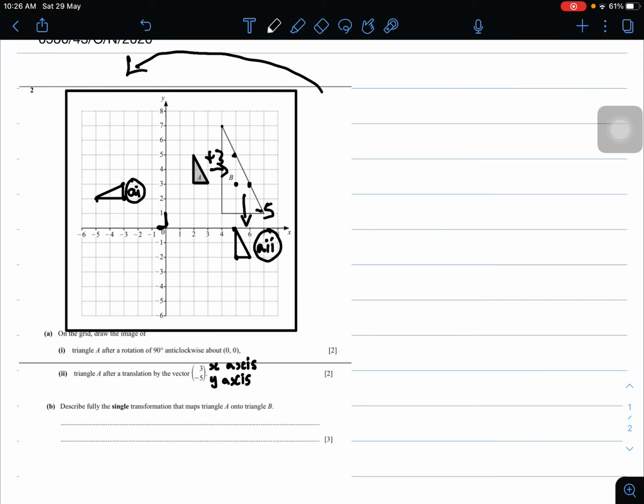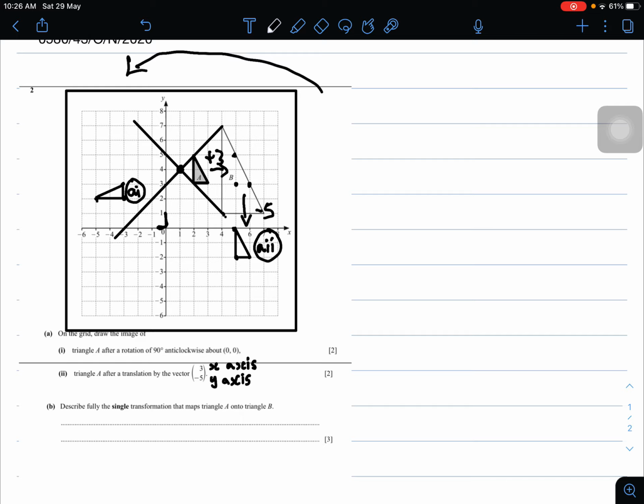You can take any 2 points of the triangles, you connect them and you draw straight lines like this, and you can extend them till the end of the graph. Next, after you connect the 2 points, you can see that the 2 lines are intersecting at a point, in this case 1 comma 4.